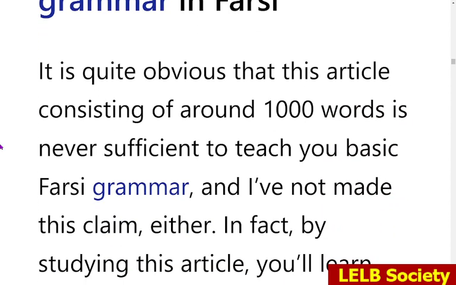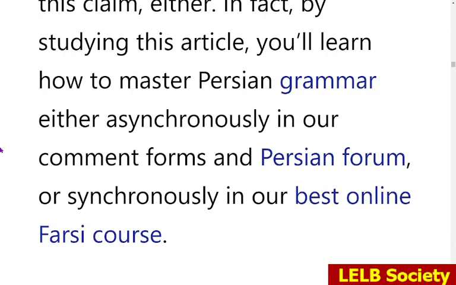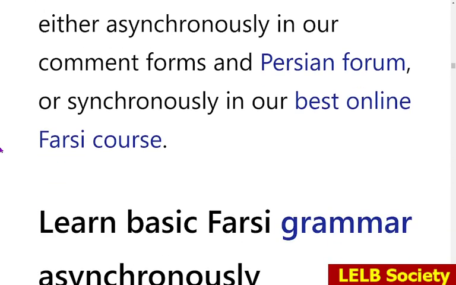From basic to advanced grammar in Farsi. It is quite obvious that this article, consisting of around 1,000 words, is never sufficient to teach you basic Farsi grammar. And I've not made such a claim either. In fact, by studying this article, you will learn how to master Persian grammar either asynchronously in our common forums and Persian forums, or synchronously in our best online Farsi course.